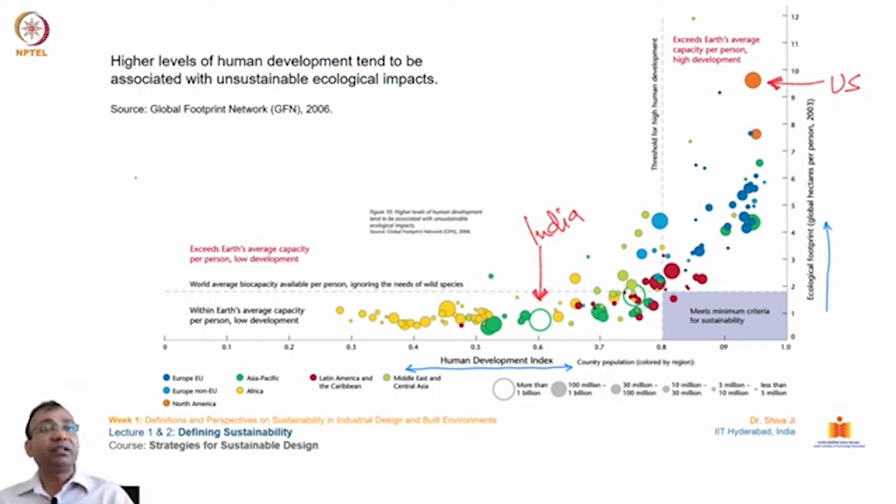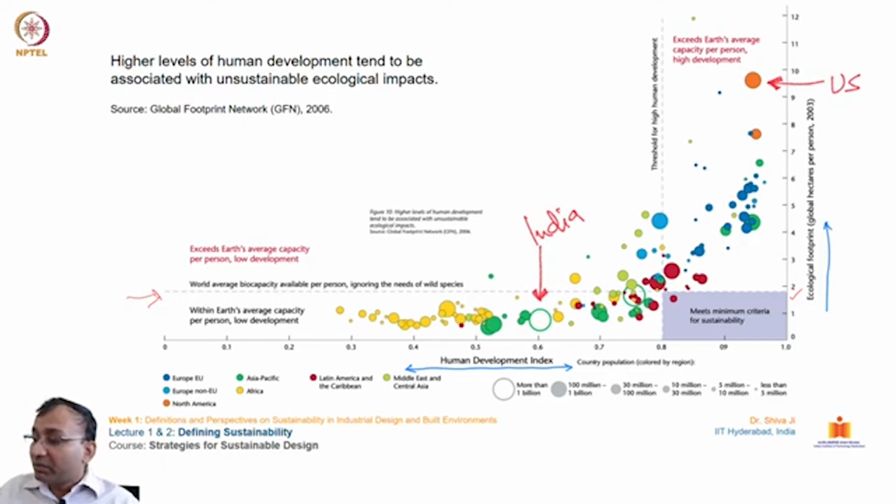Here, as you can see, there is a dotted line which denotes the world's average biocapacity available per person. This biocapacity is a little below 2. This is the average biocapacity which this earth offers without harming its threshold, without harming the overall balance of this planet earth.